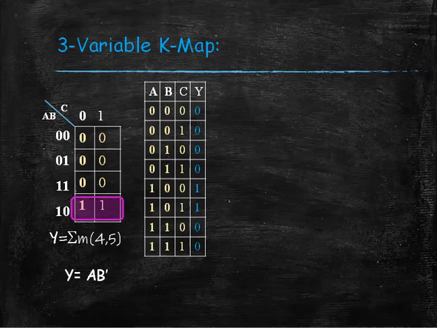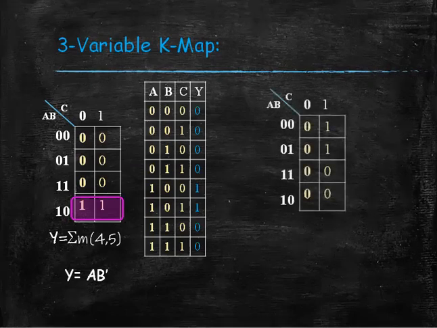Okay, next we move to another example. Here a Karnaugh map is given to you. From that we have to obtain the truth table, the canonical SOP expression, and the minimized logical expression.